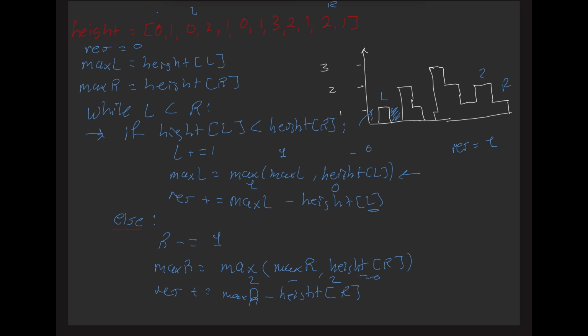And now we're going to compare, hey, it was 0 less than 2. It is. So we're going to come down here again into our first if condition. Else, the left pointer will be incremented to 2. So max of L is still 1, and then height of L is equal to 2, so the max will be updated to 2, and then the height will be 2 because we incremented our left pointer, so this will be 0 because we have gone up, and water technically will spill out of here, so that doesn't allow us to hold water, so we don't want to accommodate for that.